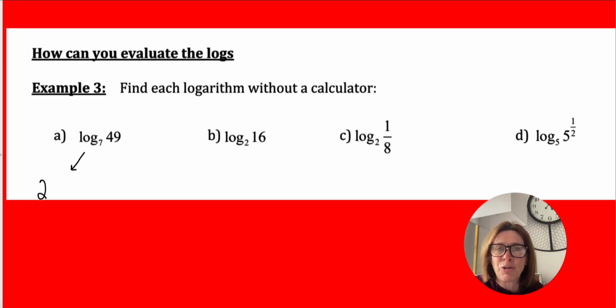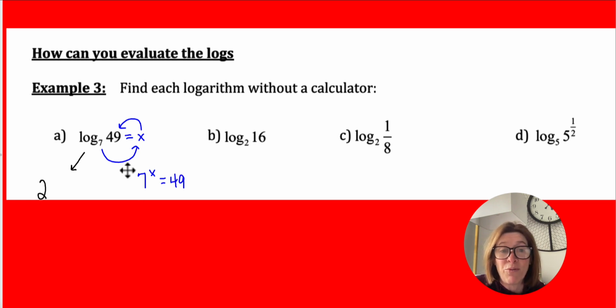If you need an algebraic approach, you can set the log equal to x and write it exponentially. 7 to the x equals 49. And make the bases the same. So 7 squared would be 49. So x would be 2. So that's an algebraic approach if you really want to be sure.